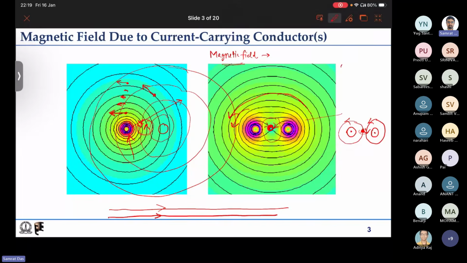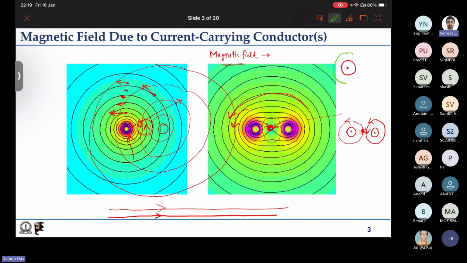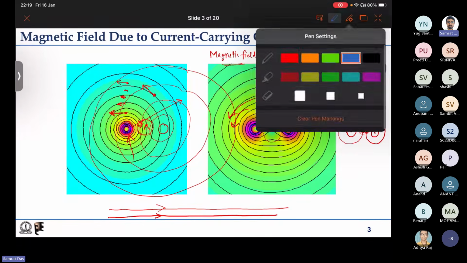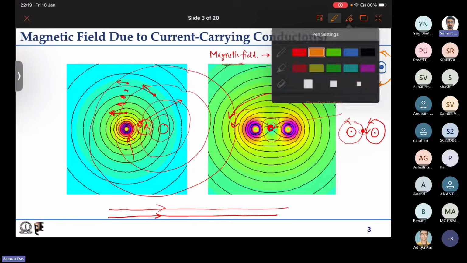I'll draw it once more. This is a dot. The flux lines will be like this, anti-clockwise. Another one, same thing, a dot only. That will again be anti-clockwise. Now look at the middle.